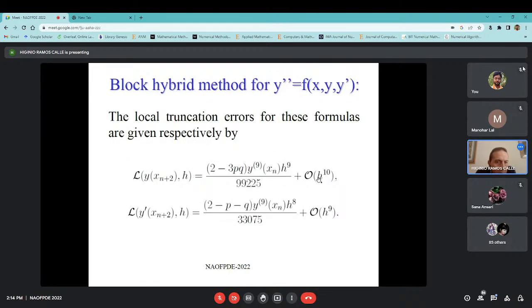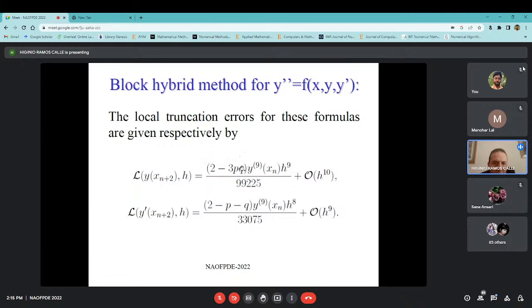So we take the local truncation error for the formula to approximate the solution at this point. We take the local truncation error for the formula to approximate the first derivative at this point also. And these are the errors, where we have the local truncation errors in terms of the parameters.